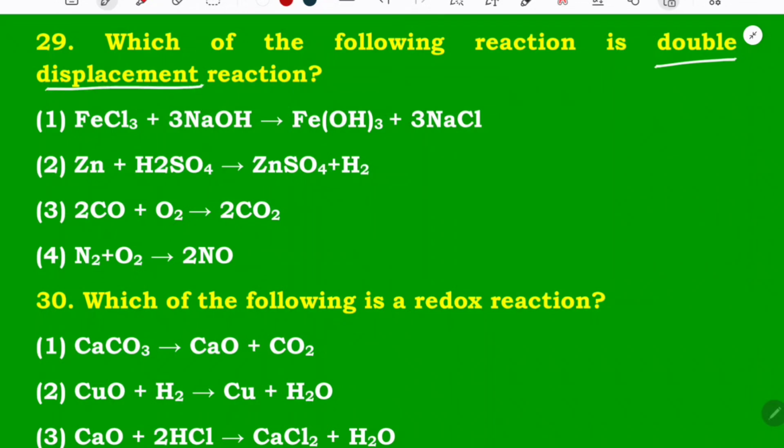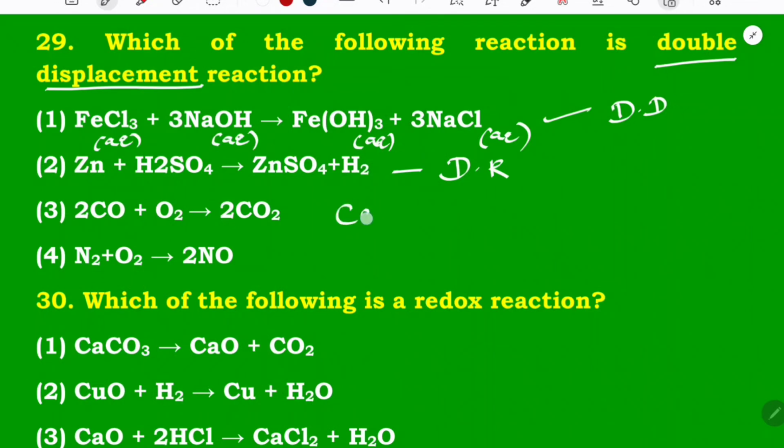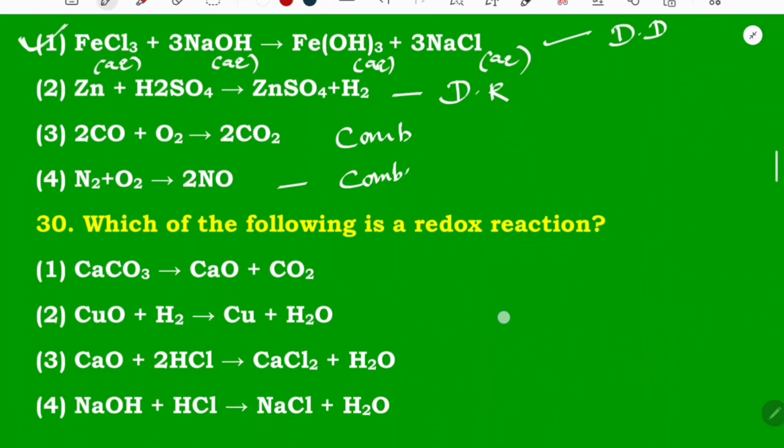The second one is a displacement reaction. The third and fourth ones are combination reactions. So the correct answer is the first one, the double displacement reaction. Okay, next.